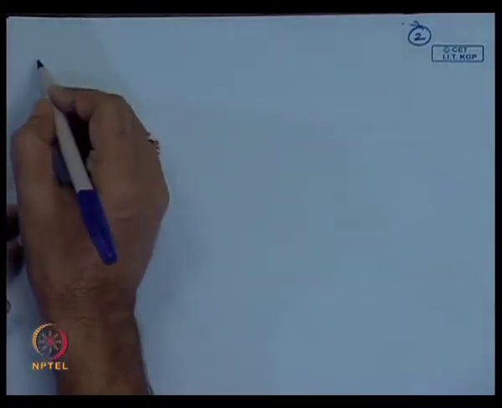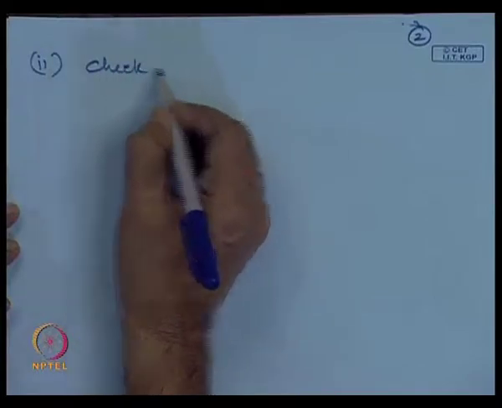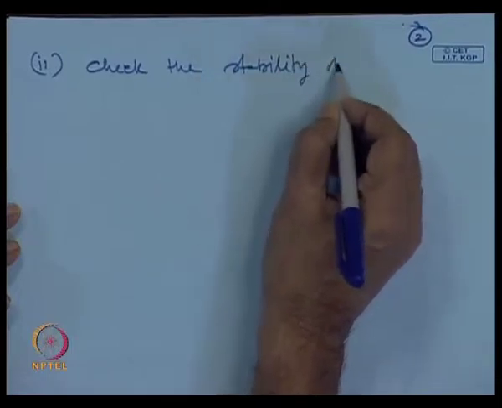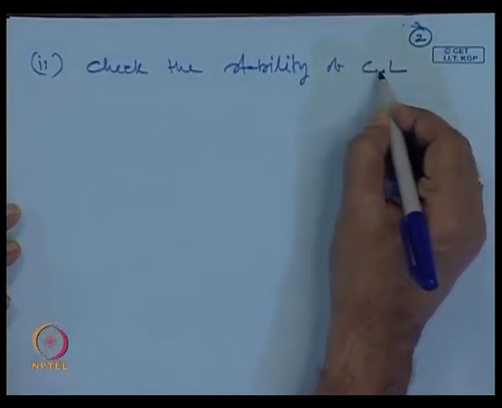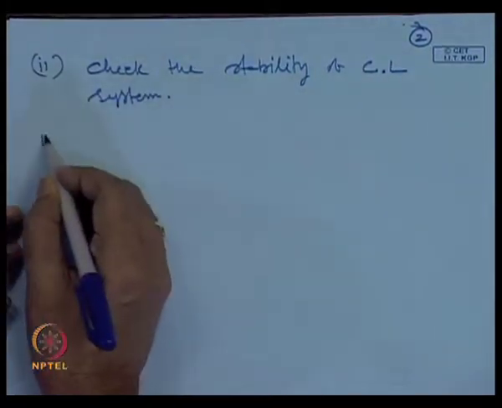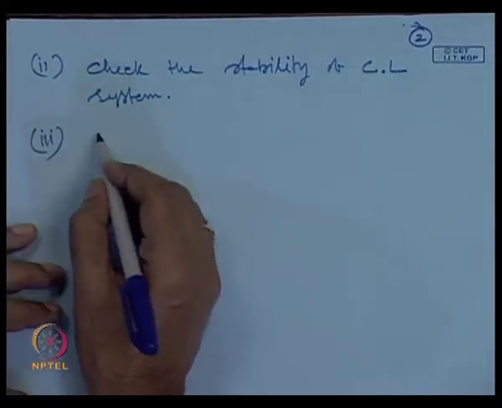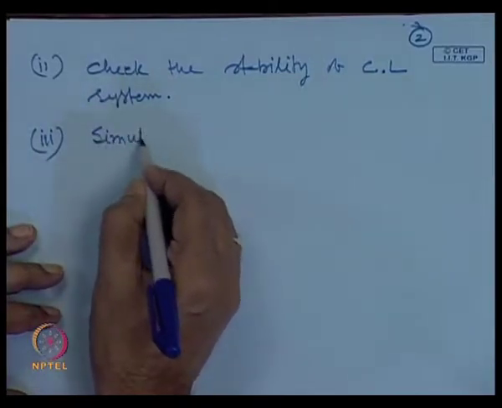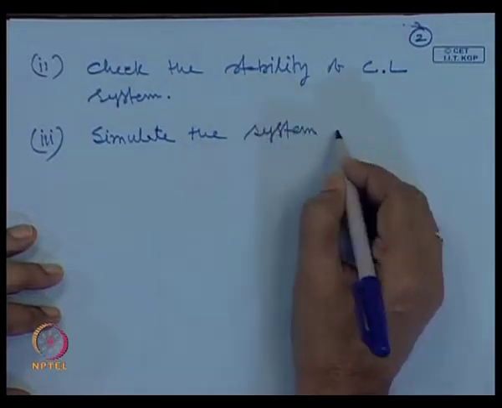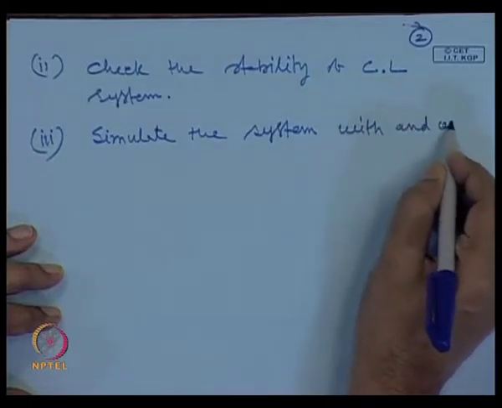The second part of this problem is, after designing the controller, check the stability of the closed loop system. Then the third part of this problem is to simulate the system, or get the response of the system, with and without the controller.